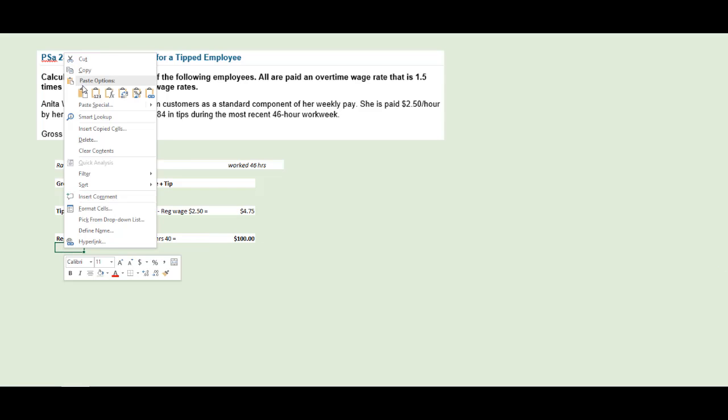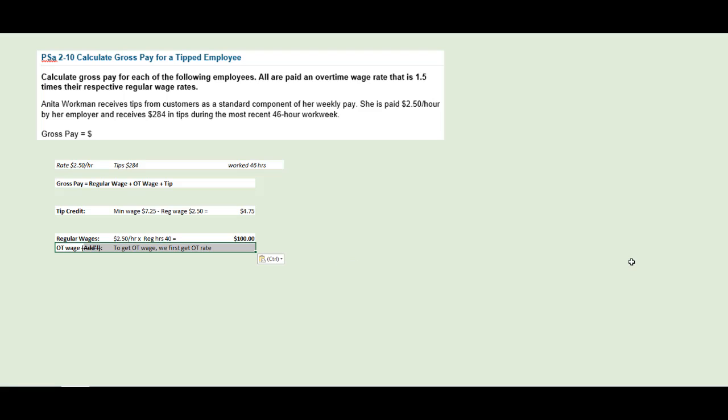Next, overtime wage. Not any additional premium like how we did method 2 in a previous video. Here it's the overtime wage, just straightforward. What is the overtime wage? To get that, we first get the overtime rate.